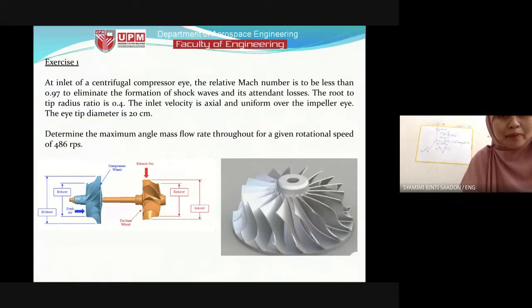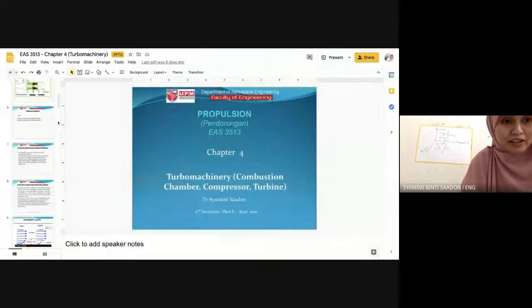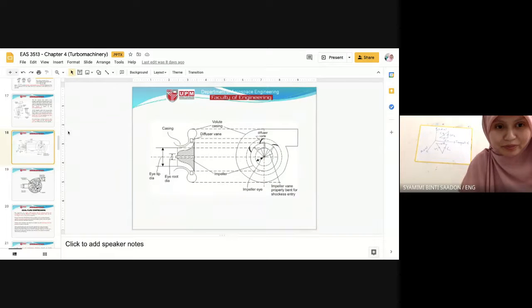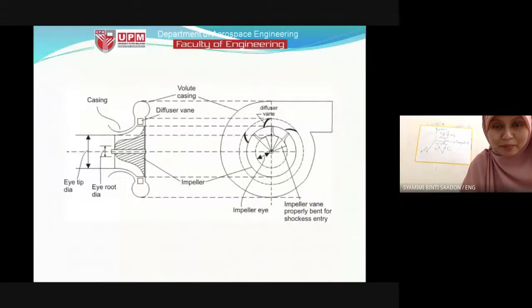If you remember, in the lecture slide, I'm searching for the page. Okay, this one. This slide, right? This is how the fluid flows inside the centrifugal compressor. This is the side view, and this is the front view. Imagine this is the axial axis.